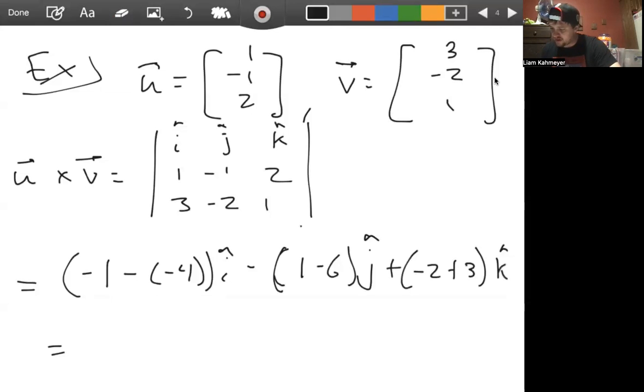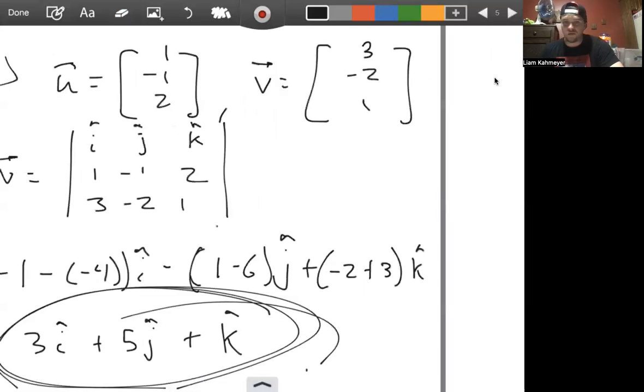And then for that, we would have -1 plus 4 was 3 i hat, plus 5 j hat, plus k hat, right? And so I went over this again just to be a little more explicit here.